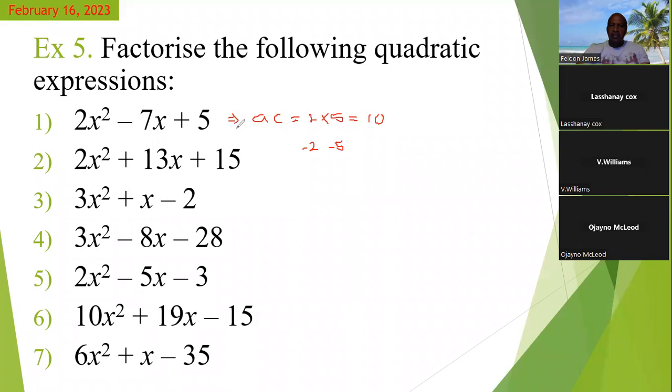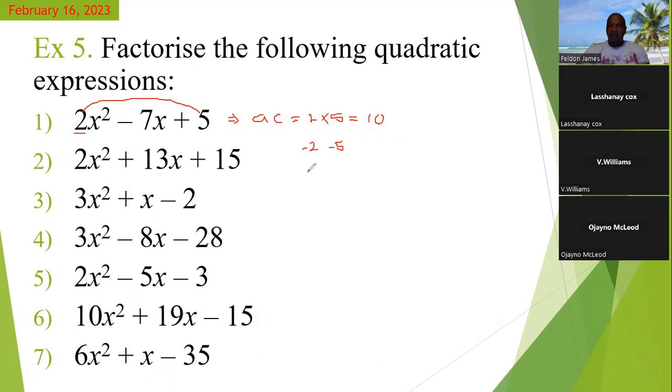But now in this one, because the coefficient of the x squared is greater than 1, instead of finding two factors of the last term, 5, we are now finding two factors of the product of the coefficient of the first and the last term. So we multiply the 2 times 5 to give us 10. So now what we're looking for is two factors of 10. When we multiply them, we get 10, and when we add them, we get -7, right?